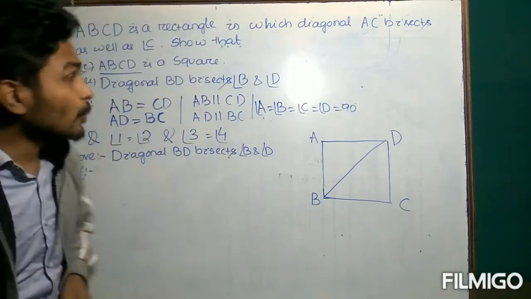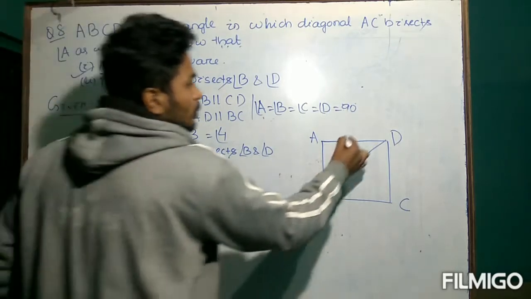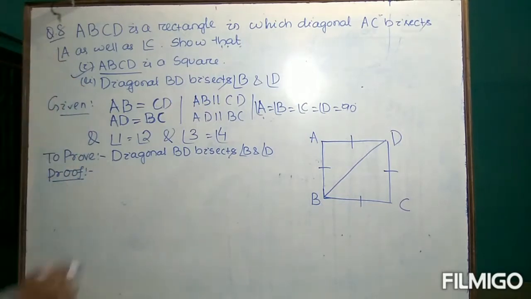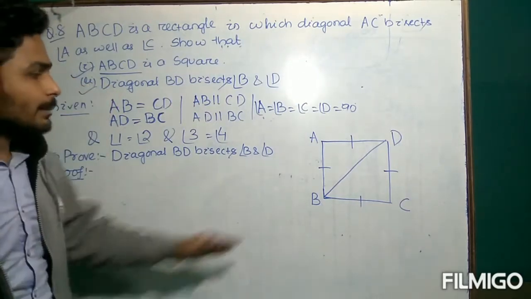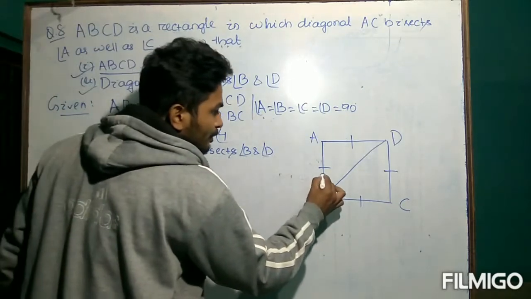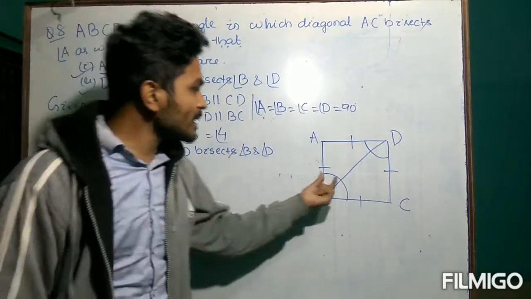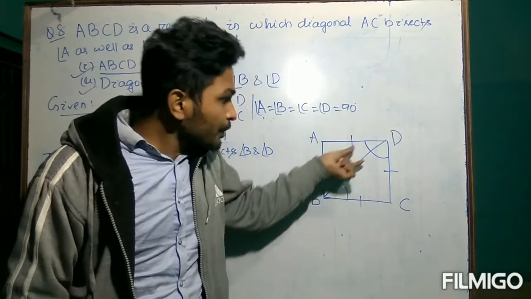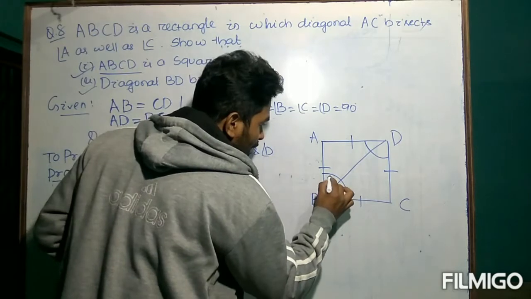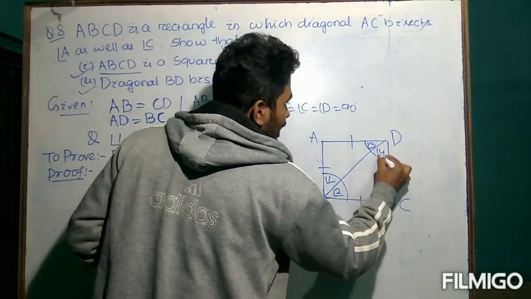Okay, students. In the first statement, we have proved that ABCD is a square. It means all the four sides are of equal length. Now we are going to prove that the diagonal BD bisects the angle B and the angle D. So for our convenience, we take this as angle 1, angle 2, angle 3, angle 4.